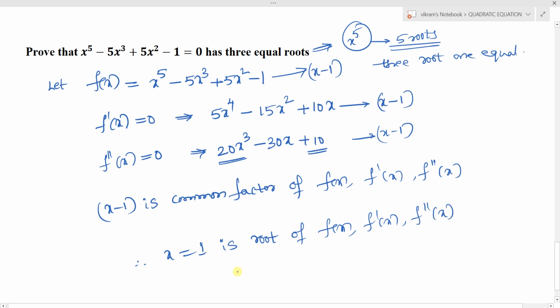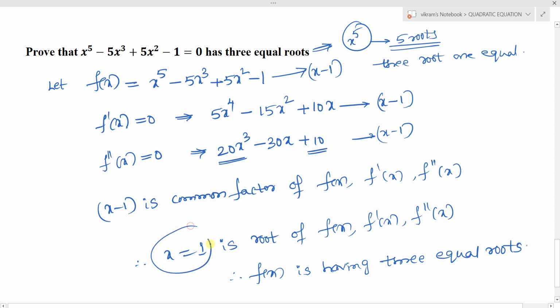So the given f of x is having three equal roots. The roots are x is equal to 1.